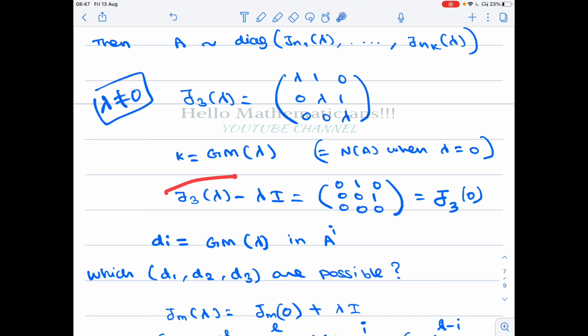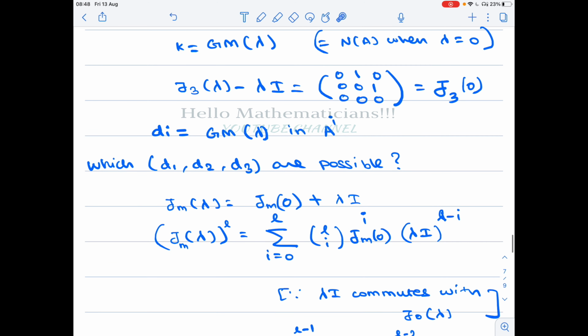So there is a relation between the 3 by 3 Jordan block corresponding to lambda and the 3 by 3 Jordan block corresponding to 0. Now let's define d_i to be the geometric multiplicity of lambda in the matrix A power i. Now the question is which d1, d2, d3 are possible. Whatever we did for 0, we are trying to do for an arbitrary eigenvalue lambda.